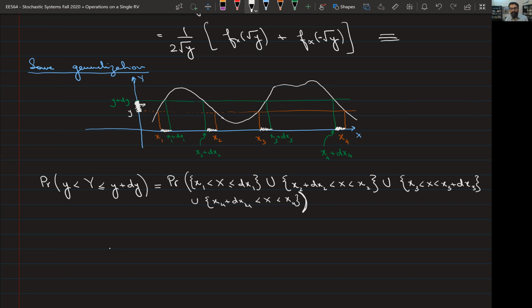Okay, so it's the probability that X lies in either one of these four intervals, right?